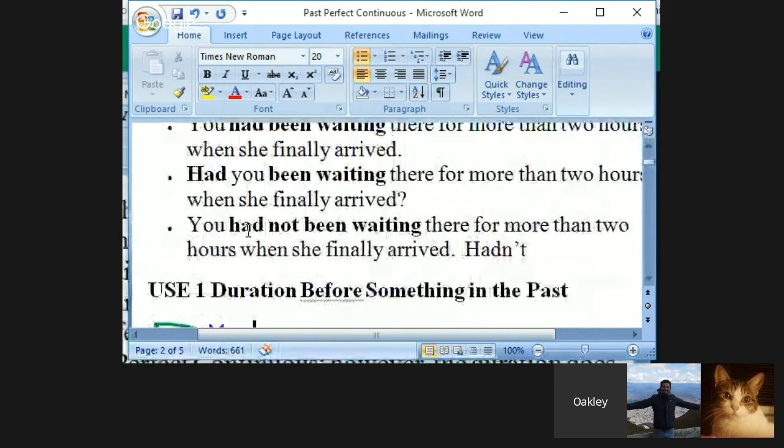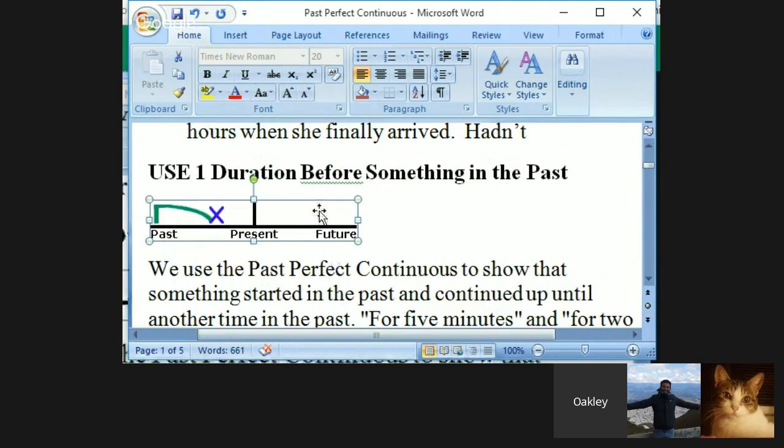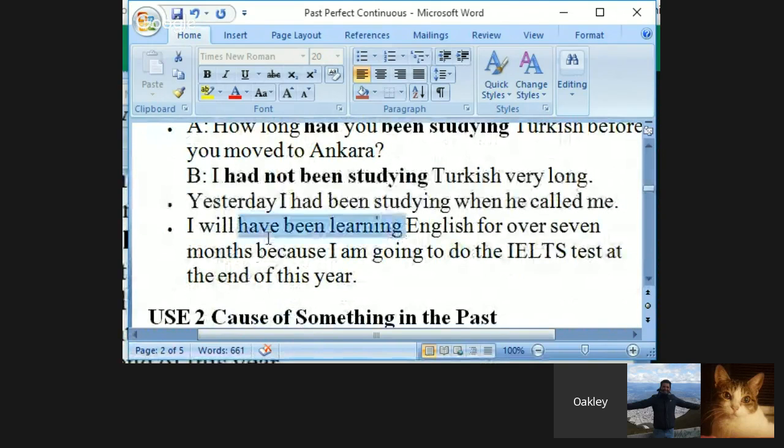Everything is this whole green line, purple X. This is all in the future. I'm going to take it at the end of the year. That's in the future. So shift this whole green line, purple X thing. We don't know if he started in the past or at the present or what, but we sure know that he's taking the test at the end of the year. So actually, what you would want here is tomorrow's lesson, the future perfect continuous.